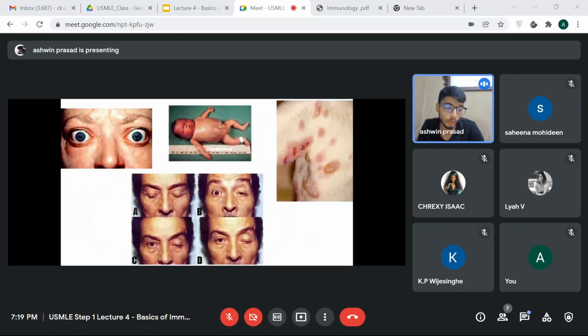So in this example of myasthenia gravis, you had an antibody that when it binds to the receptor, it stops the downstream processes, right? The acetylcholine receptor was bound by this antibody, and it stopped the acetylcholine from doing its function. On the other hand, in Graves' disease, you have an antibody that mimics thyrotropin.